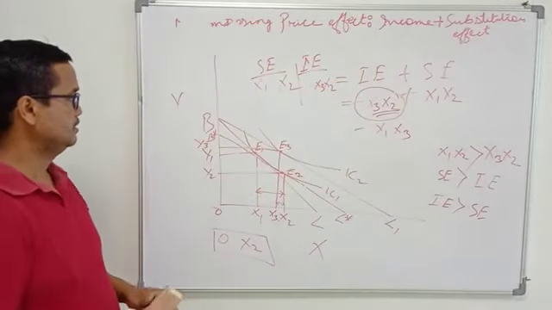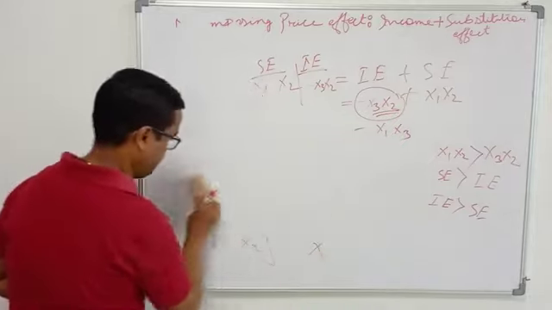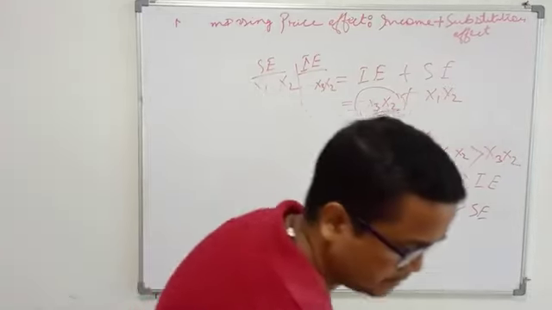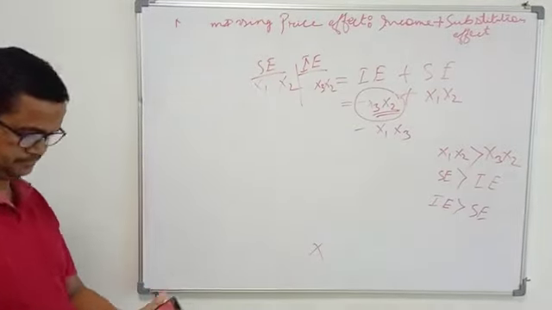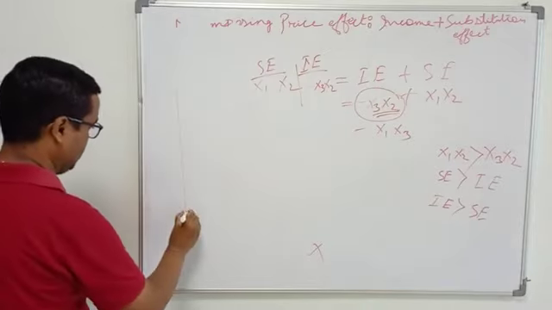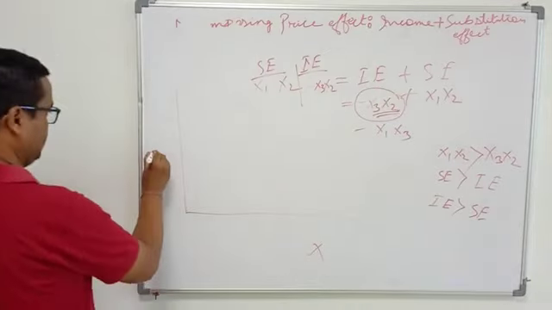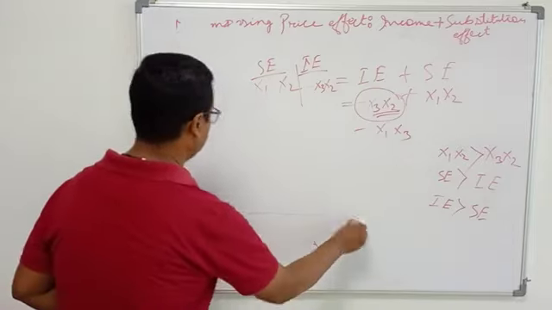So now let us discuss different goods. Again we are drawing a two-dimensional graph, Y good on the y-axis, X good on the x-axis.